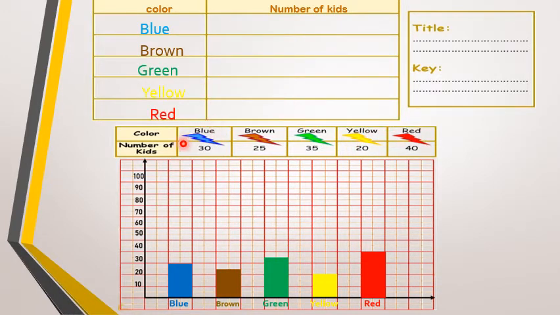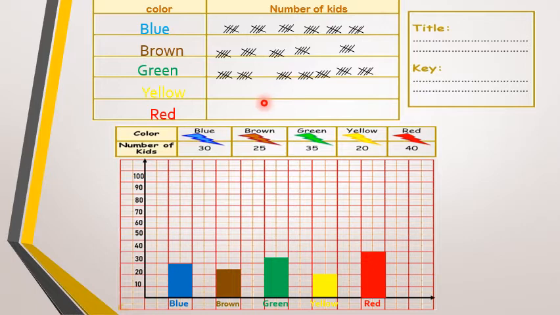As you know, the tally is skip counting by 5, so I will count by 5. The blue is 30, so I will count by 5: 5, 10, 15, 20, 25, 30. And the brown is 25, so I write here 5, 10, 15, 20, 25. And the green is 35, so I write 5, 10, 15, 20, 25, 30, 35.